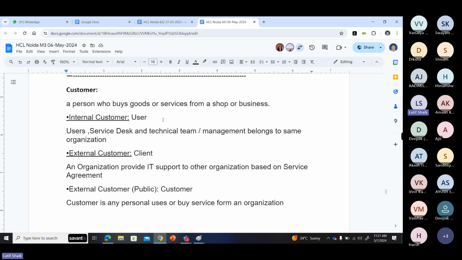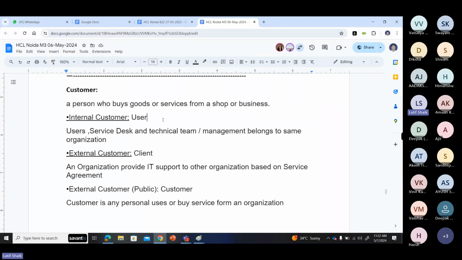An organization itself can be a customer. My organization has taken internet connectivity from HCL, or maybe from ACT, or Airtel, or Tikona. My organization is also a customer. So it can be a person or an organization who buys goods or services from any other organization, and we automatically become customers.